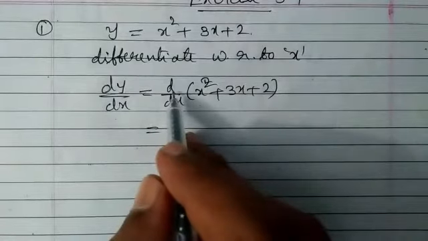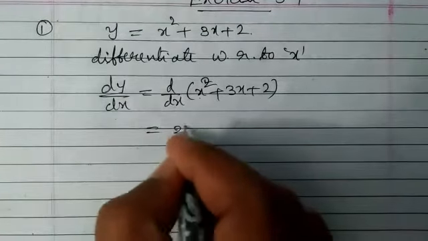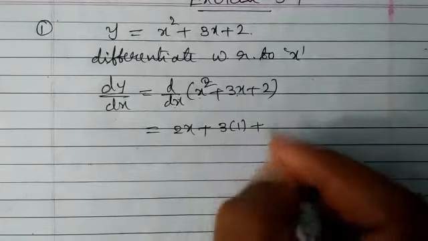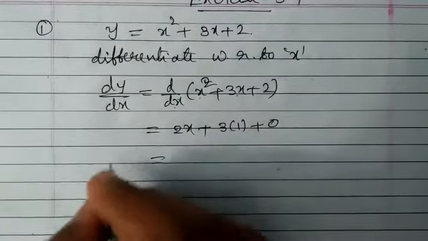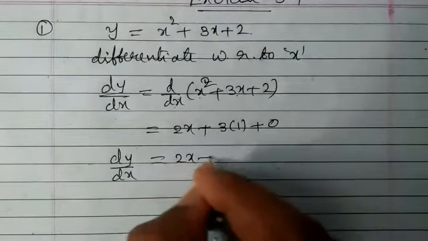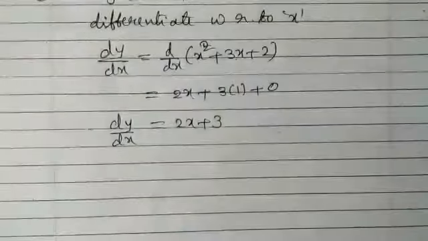Guys, already you have some idea about that. d by dx of x square means 2x. d by dx of 3x means 3 into 1. d by dx of constant is 0. Now your first order derivative is 2x plus 3.